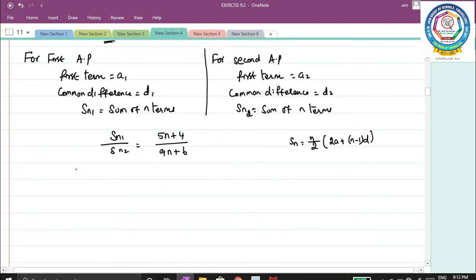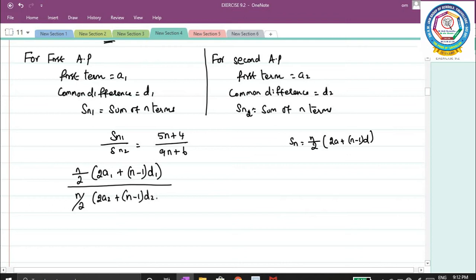Here, n by 2 into 2a1 plus n minus 1 into d1 by n by 2 into 2a2 plus n minus 1 into d2 equal to 5n plus 4 by 9n plus 6.